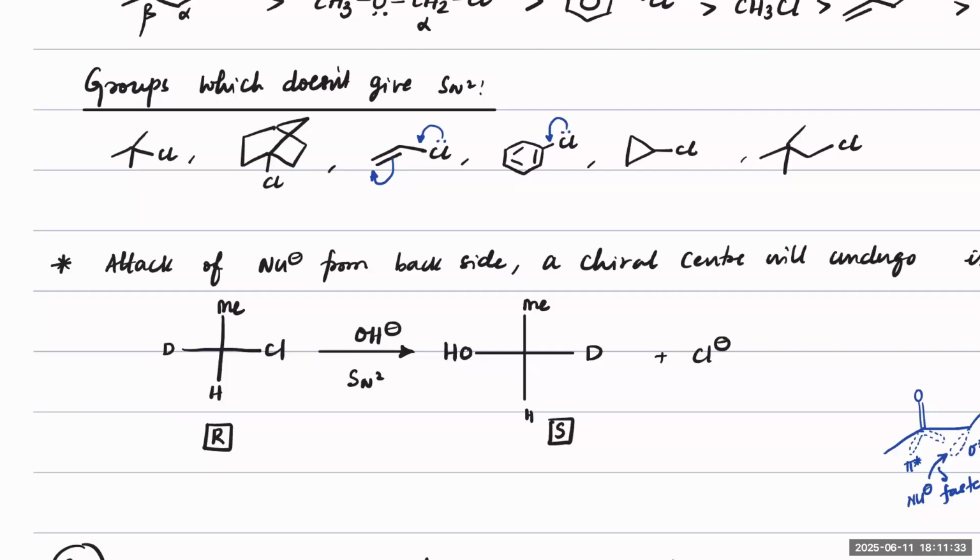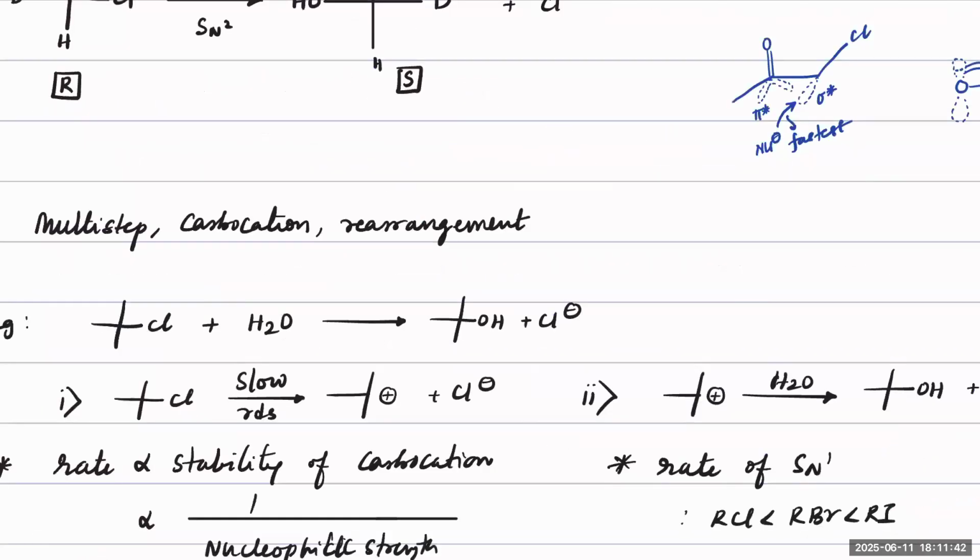Okay. And in a three-membered ring, I'll show it here. On this side the chloride is present and the sigma star is present here. Correct? And this side is hydrogen. Now, if a nucleophile is coming close to this one, first of all, these groups are very close to it. That itself is a problem.